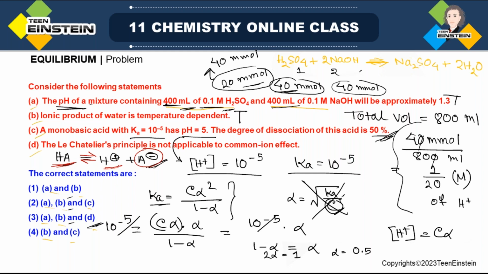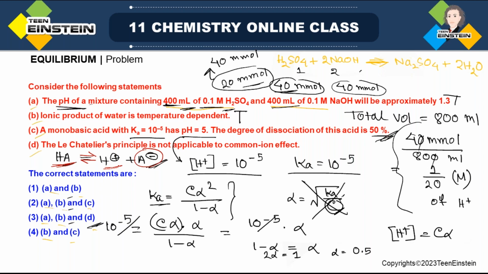It is also true for H plus. Suppose H plus is already present in the medium, so obviously it will affect HA dissociation. You can compare: suppose in one system you have taken only HA in water, where there is no common ion present initially, and in another system some H plus or A minus is already present. The dissociation of HA in these two systems is obviously not the same.